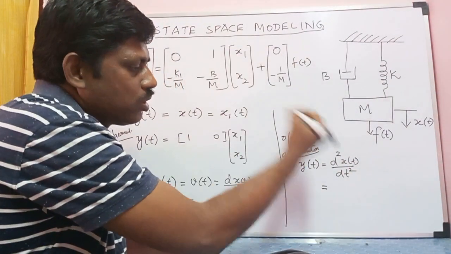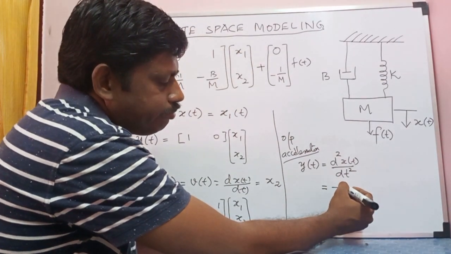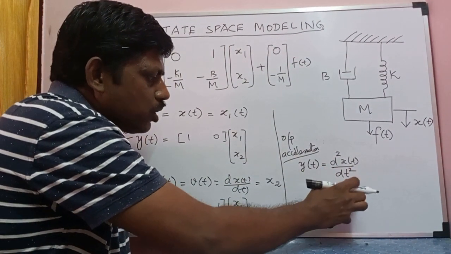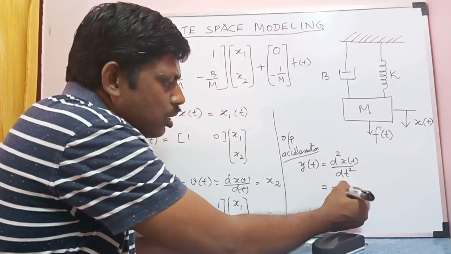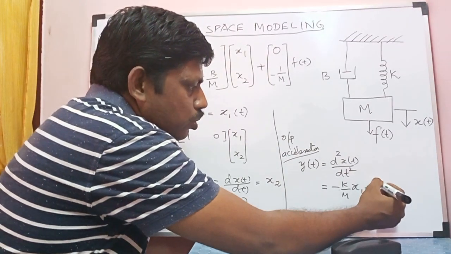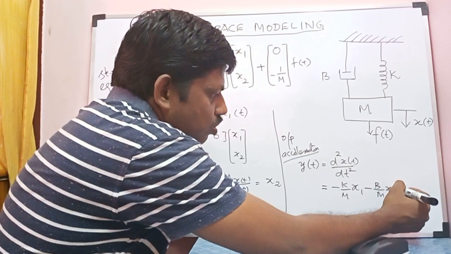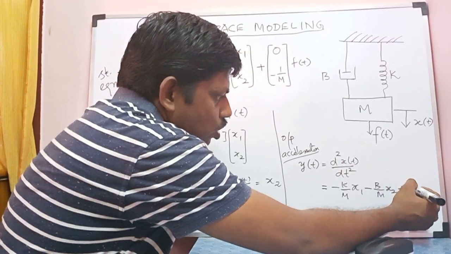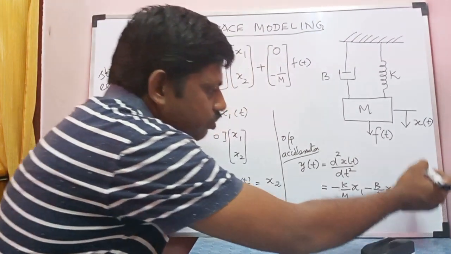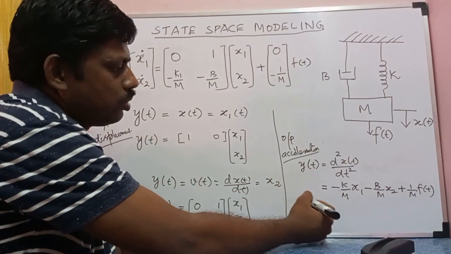That is, I can get it from the original equation as minus k by m x1, minus b by m x2, plus 1 by m f of t. Okay.